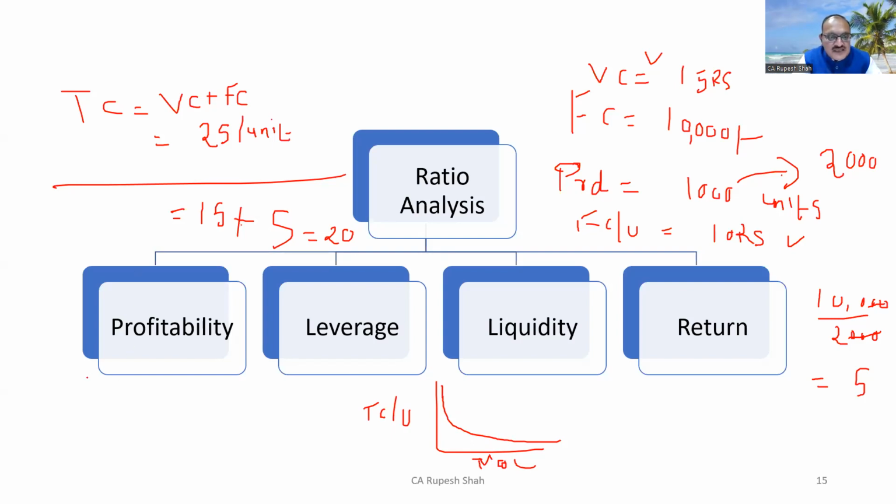So if my selling price say is 50 rupees, then in the first case, it is minus 25, profit is 25. In the second case, my selling price remains the same, but my cost per unit comes down to 20 rupees. My profit will become 30 rupees. That means my profit per unit goes up because of operating leverage. So in a nutshell, when my level of operation goes up, my fixed cost per unit comes down, so my profitability goes up. That is actually the operating leverage.